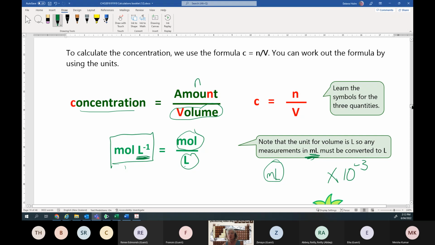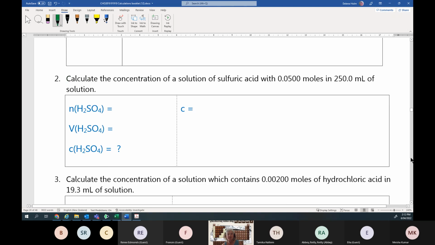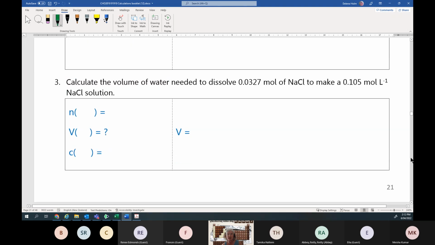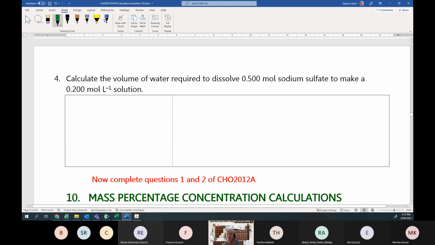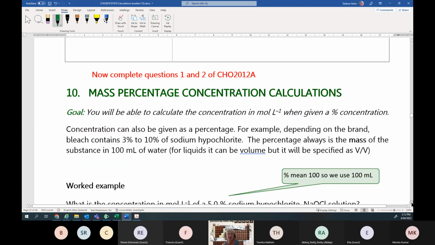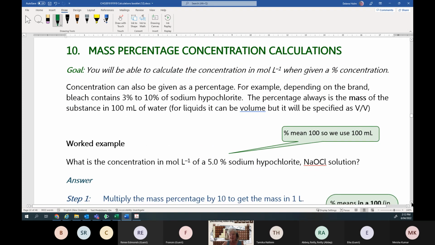Right. So what I want to look at now is where we use the two together. We've done the concentration and we've done the conversion. So I'm just going to go down here where we look at mass percentage calculations and calculating concentrations using mass.